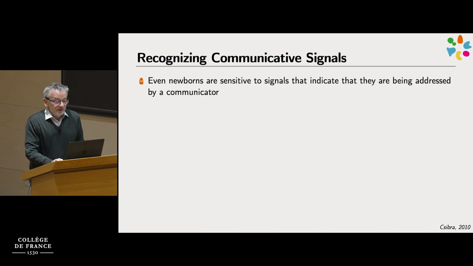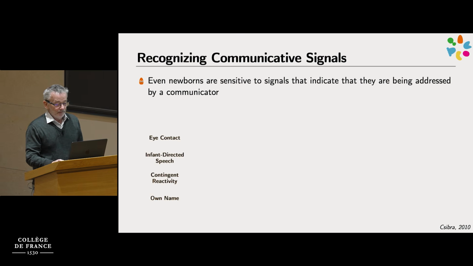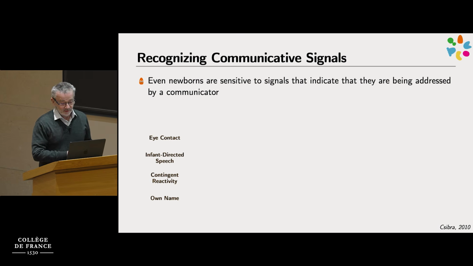newborns are sensitive to signals that may indicate to them that they are being addressed by communicators. I list here 4 different kinds of signals that we know that infants are sensitive to. One of them is eye contact, which would indicate that whoever is making eye contact is communicating to them.